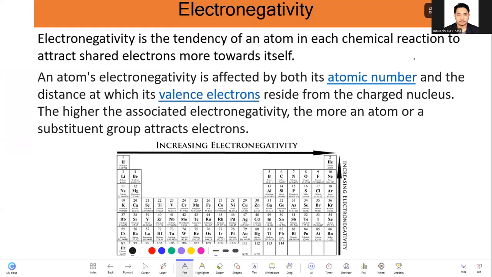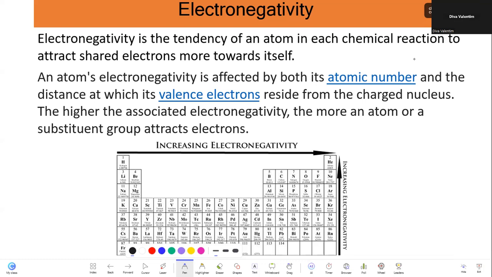Electronegativity. Okay, Diva, can you read this electronegativity for us, please? Electronegativity is the tendency of an atom in each chemical reaction to attract shared electrons more towards itself.